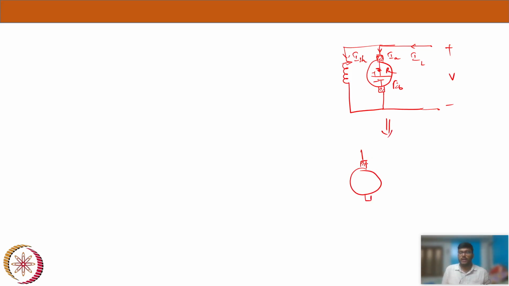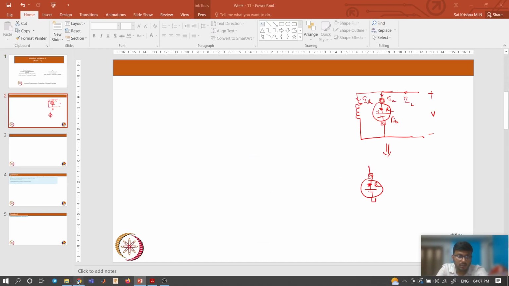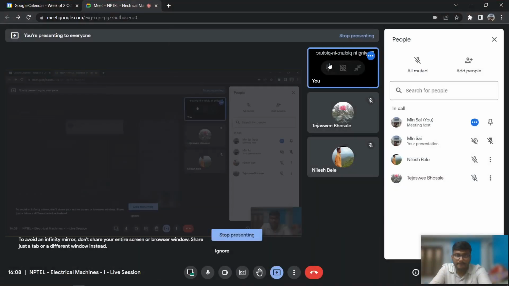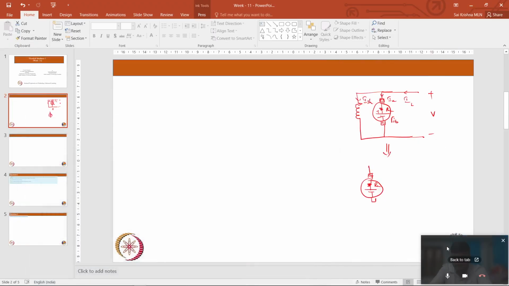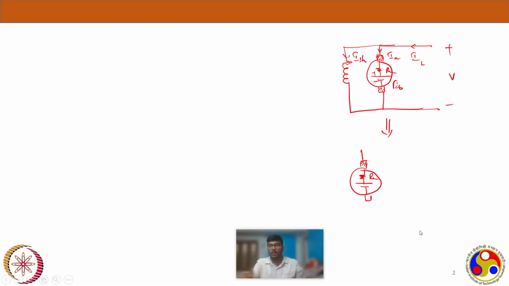So these are the brushes again, and this is the armature resistance, and this is again the back EMF, E_B. This construction will be the same.